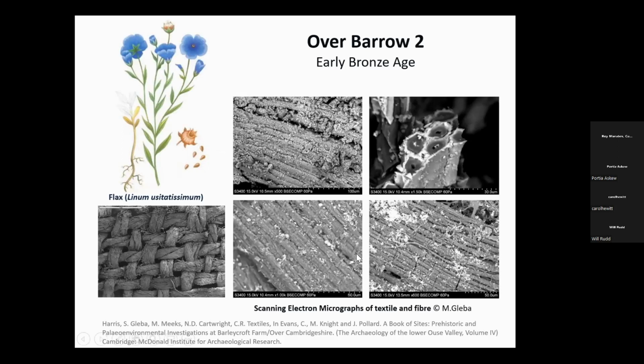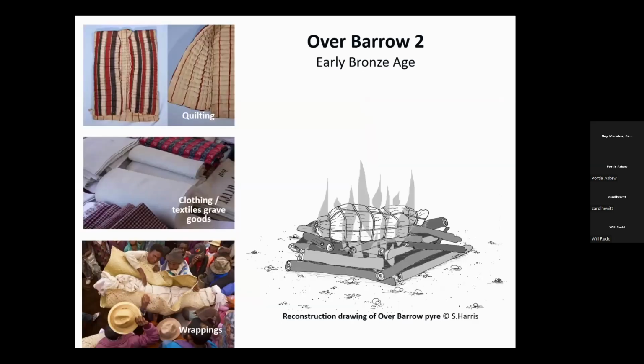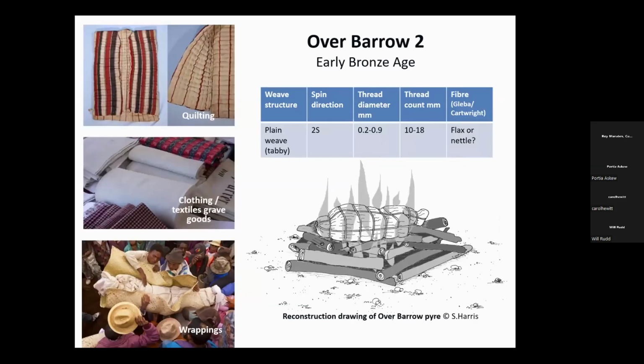And looking at characteristic features such as little nodes in these single fibres that come from the stems, and the polygonal cross-section of those fibres, these can be identified as flax, Linum usitatissimum, or potentially other similar bast fibre. So these multiple layers of fabric are rather interesting.